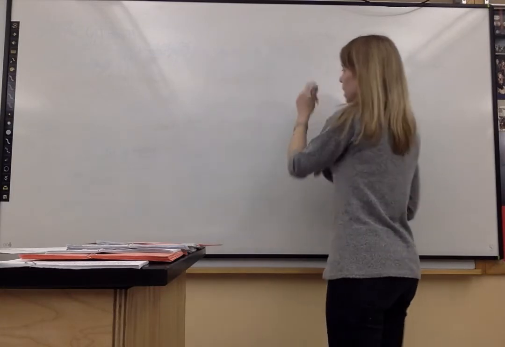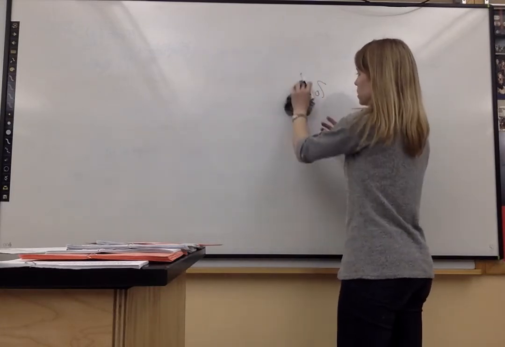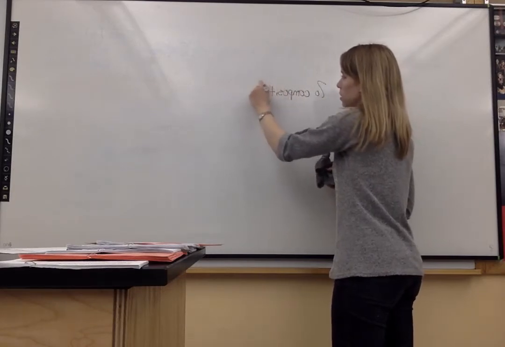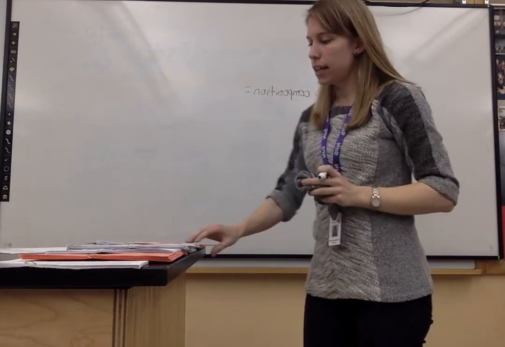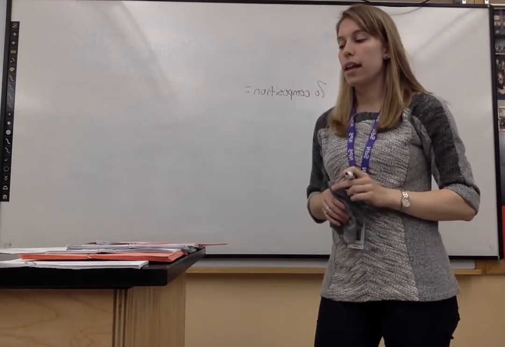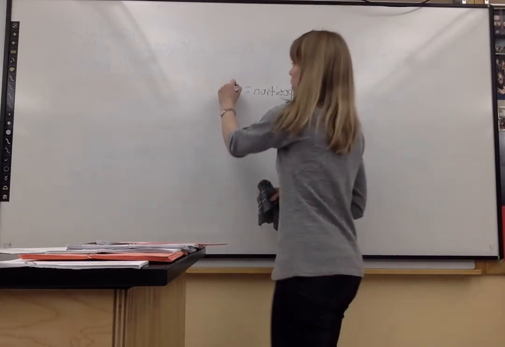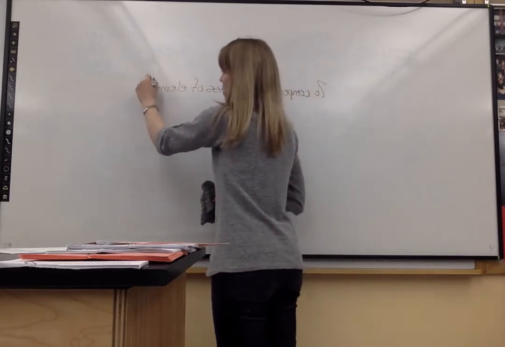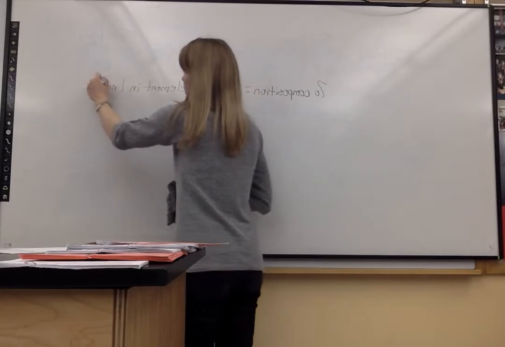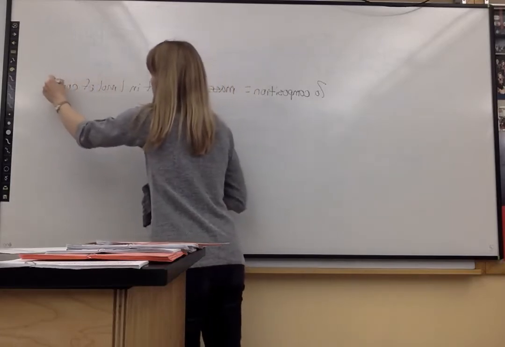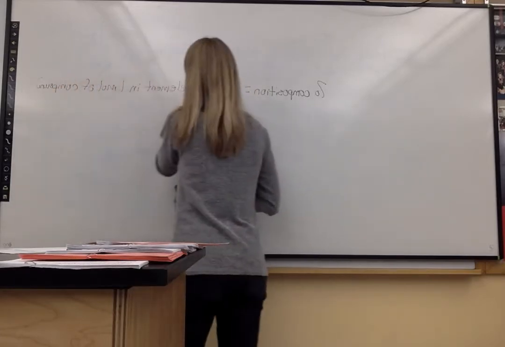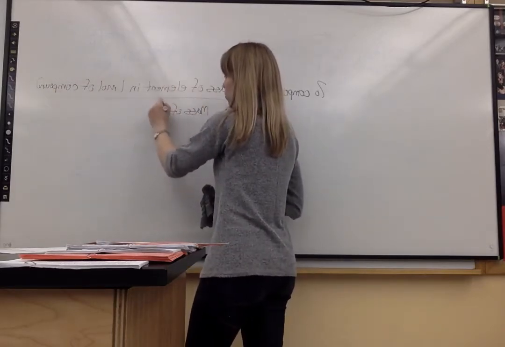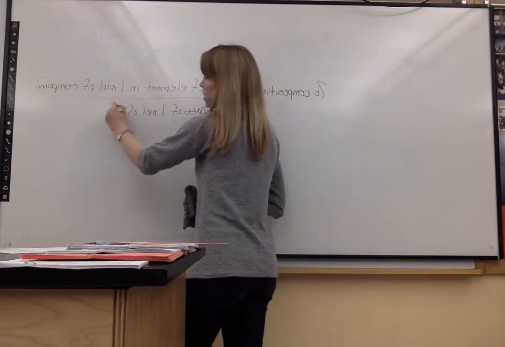All right, so the technical definition for percent composition is that it is the mass of an element in 1 mole of a compound, divided by the mass of 1 mole of the entire compound.